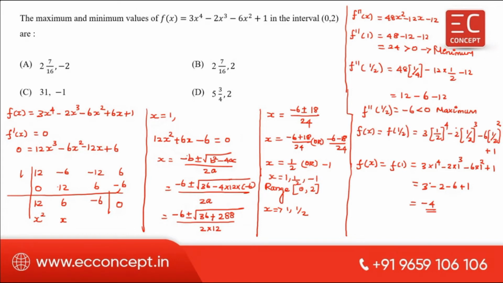I think somewhere I have done a mistake. Okay, here one more quantity will come, that is plus 6x. I forgot to put plus 6 into 1 plus 1. So plus 6 plus 1.